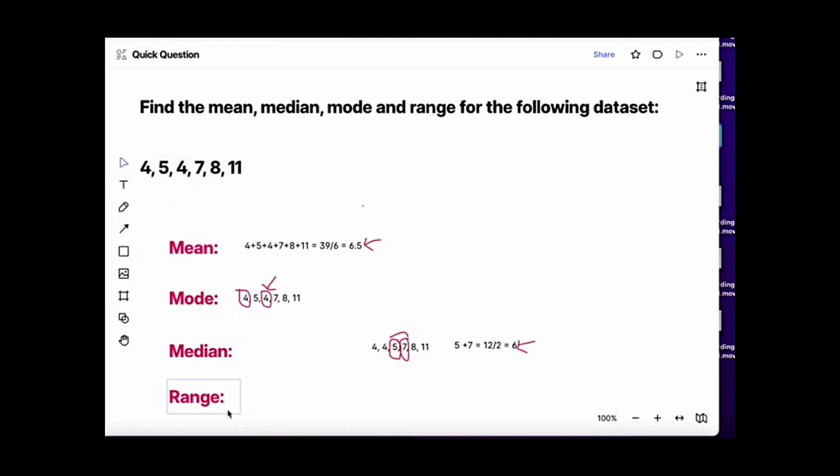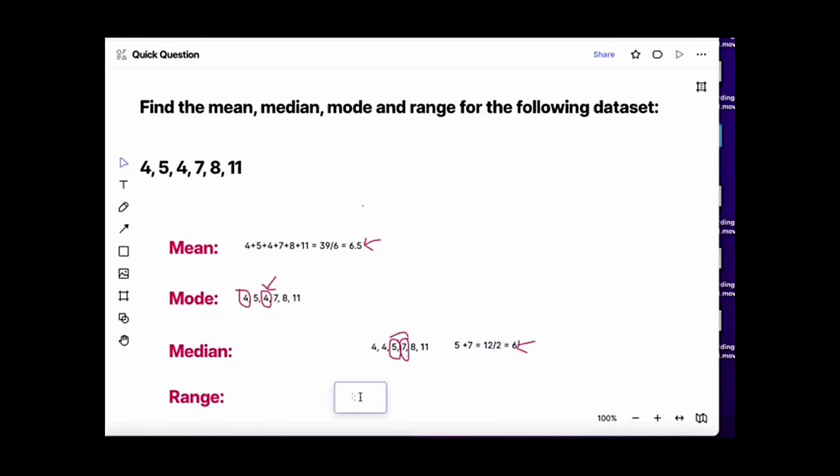Okay, and the last thing that we needed to calculate is the range. So we said we calculate the range by grabbing the highest number and subtracting the lowest number in our data set. Well, we already put them in order before, so why don't we just grab this and borrow it here. Let's just rewrite it.